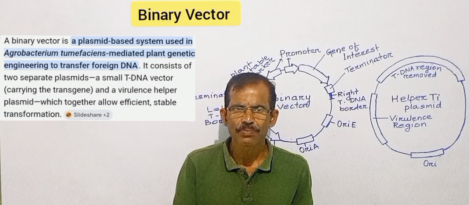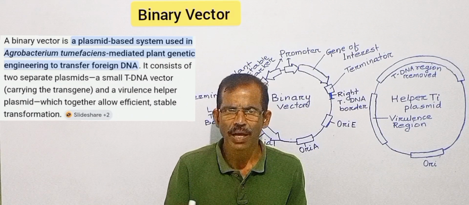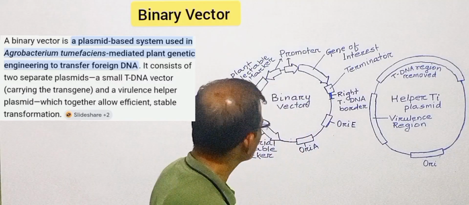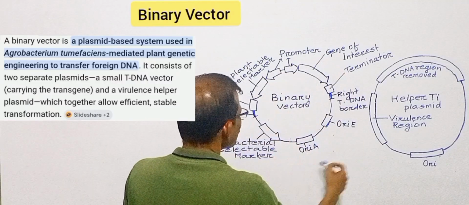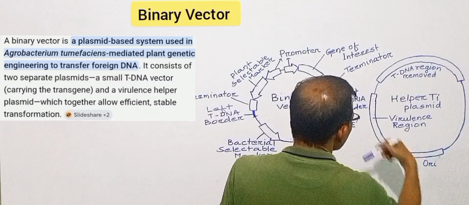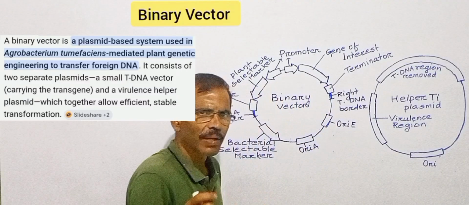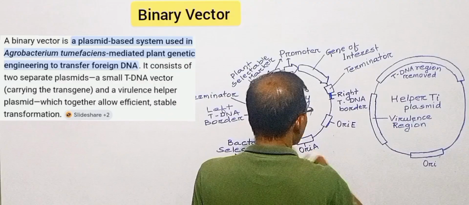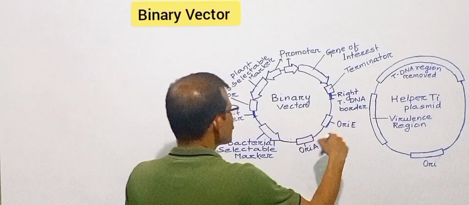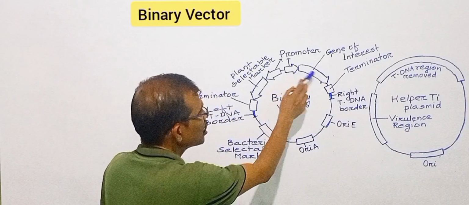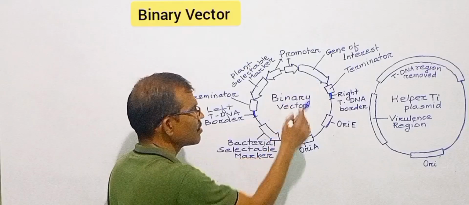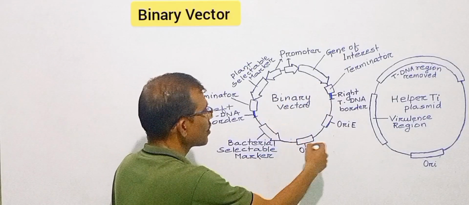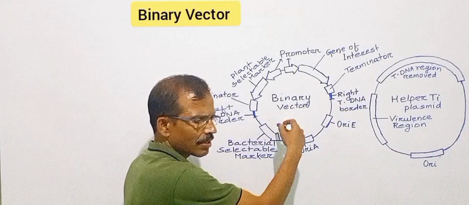Disarmed Ti plasmid often uses a binary system which consists of two separate plasmids. The term binary vector literally refers to the entire combination, but the plasmid which contains the gene of interest or the transgene is usually called the binary vector.